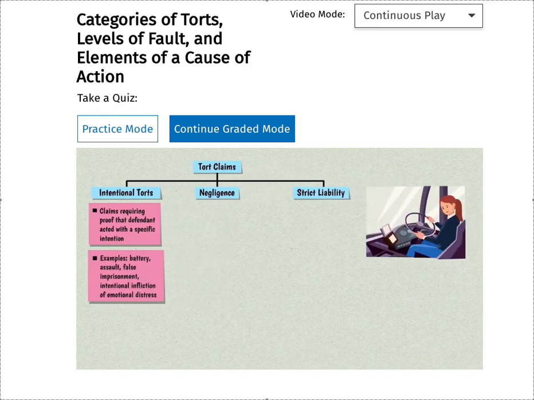Even if Charlene did not intentionally run into Ben, she may be liable for negligence. Negligence refers to the broad category of torts where the plaintiff must prove that the defendant exhibited a lack of due care or failed to act as a reasonable person would have acted in the circumstances.